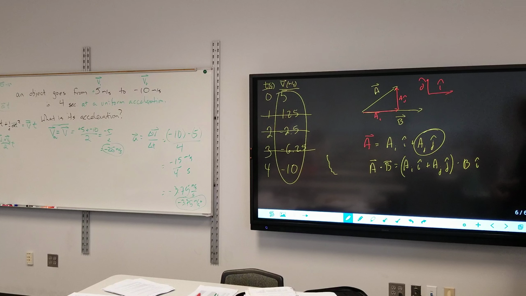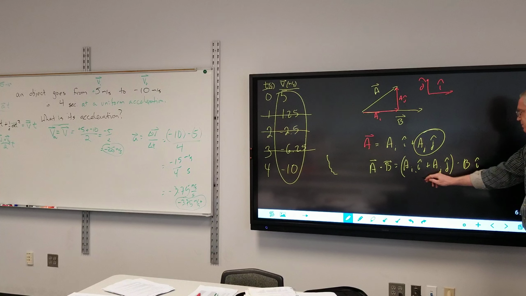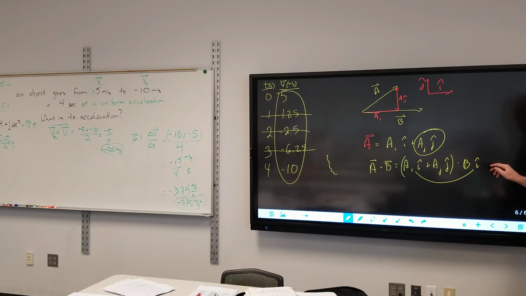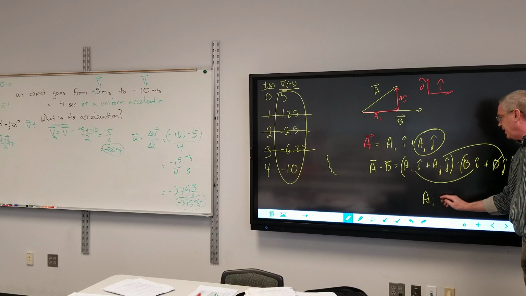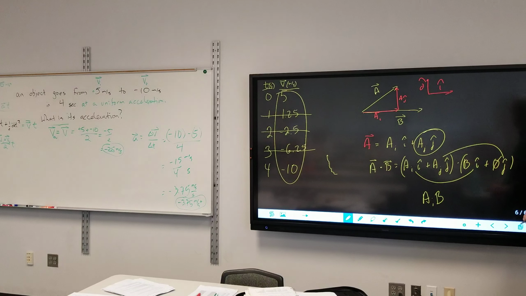And then I multiply like components. I multiply those components, and I multiply, well, there's an implied plus 0 J hat. I multiply the J hat components, and I'm left with A_I B. So whatever this component is times whatever the magnitude of B is.